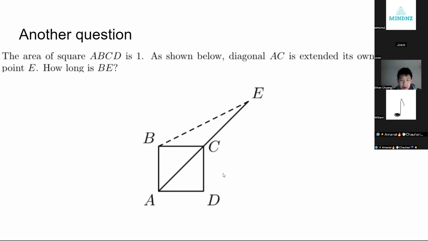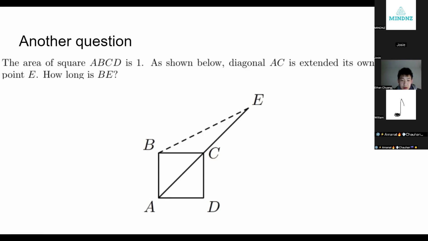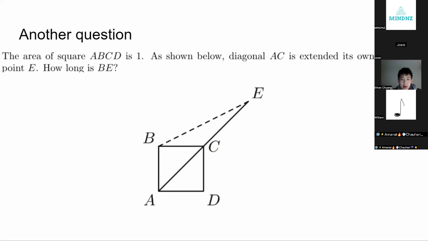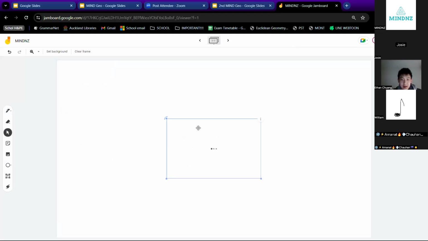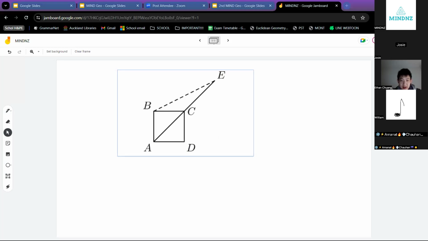Okay, so Amanat said, is AE equal to 2 square root 2? Yes. So Ethan, can you just load up the Jamboard? Okay, so can you guys see this? Let me just draw the lengths of AD and CD.